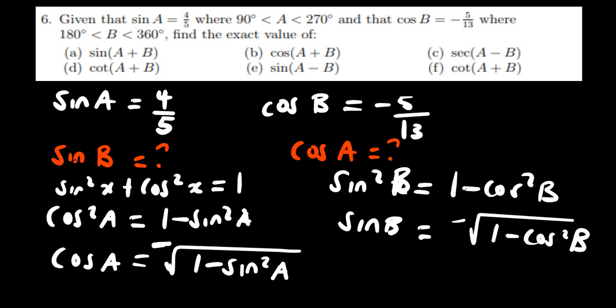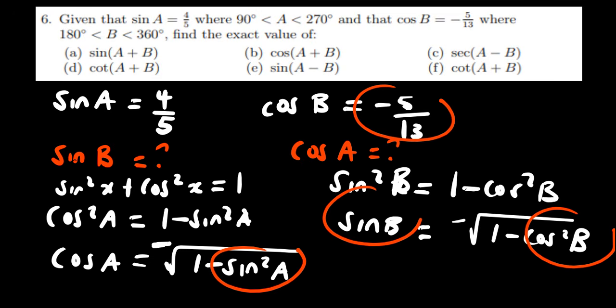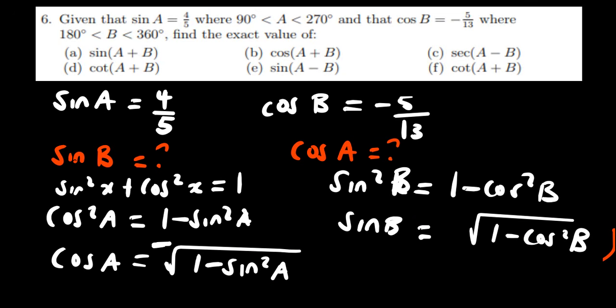Now that we've got these answers, let's also find the actual values, because we've been given what sine A is. Where there is sine A here, we're replacing it, and where there is cos B here, we are replacing it with this cos B, so that we find the exact value of these answers. I can start with the one that is here.